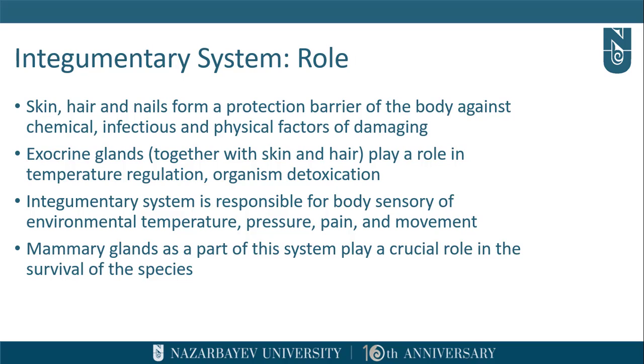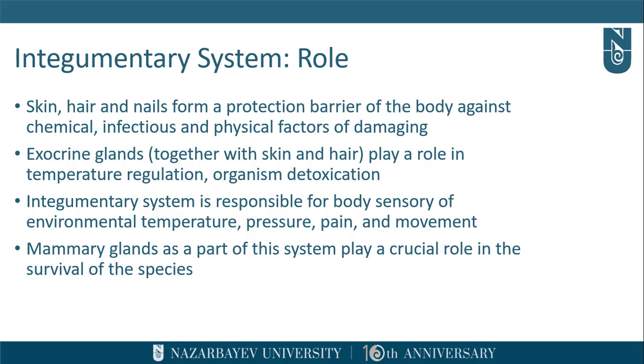In case someone gets a flu or a cold, it's better to stay home and warm, and drink very warm liquid so that we have more sweat production, which has a very specific role in order to detoxify the organism from viral particles, and also to decrease the temperature. So these are the roles of exocrine glands, and specifically the sweat glands, which we have under the skin.